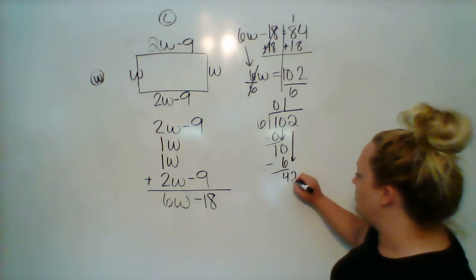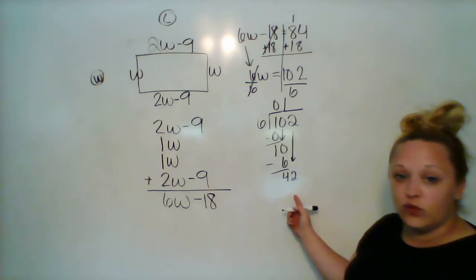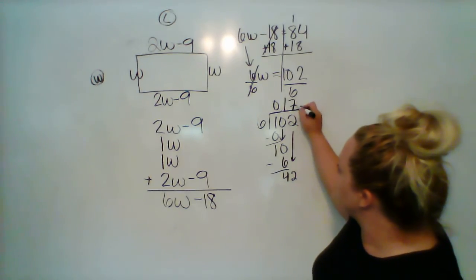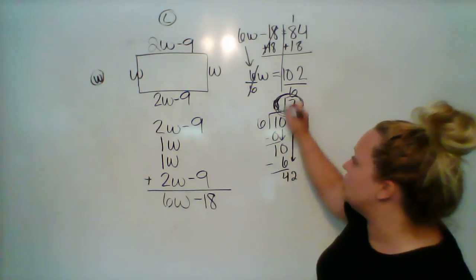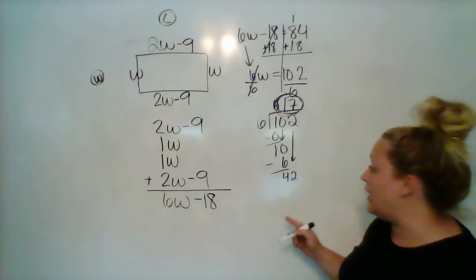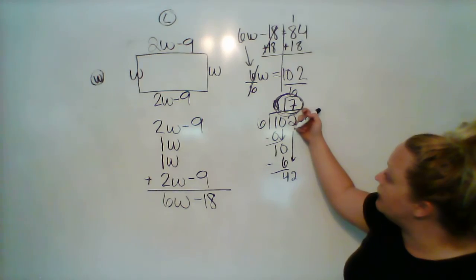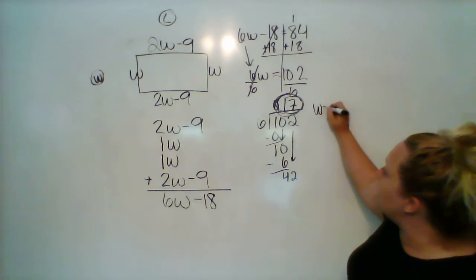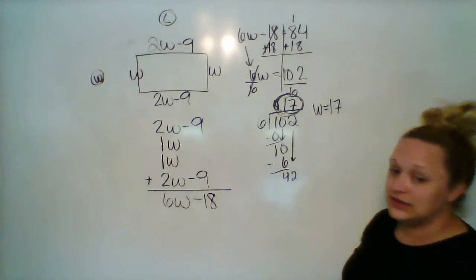Subtract, bring down. And I know 6 can go into 42 7 times. So now I know that my answer is 17. Well, remember, that's not the answer. That is the width because we were solving for W. So now I know that W equals 17.